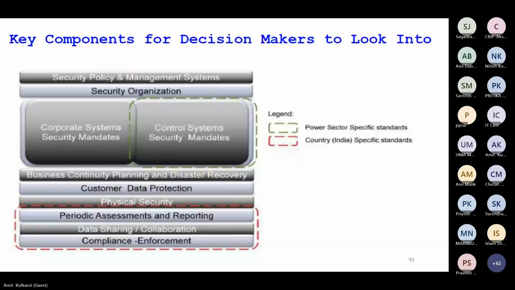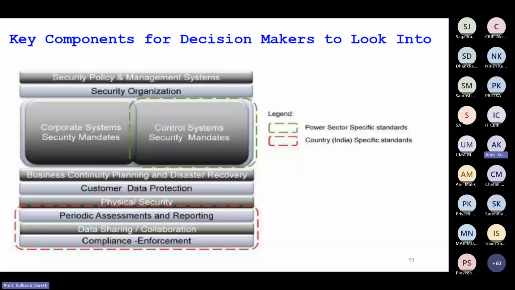We are not that mature yet to that level; we are evolving. So what we should have are power sector specific and country specific standards for periodic reporting, assessment, data sharing, collaboration, compliance enforcement, control system security mandates, corporate system management, business plan development, security of organization, and a security policy management system. That also must be focused on, worked upon and implemented.